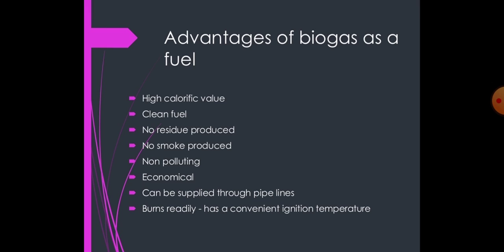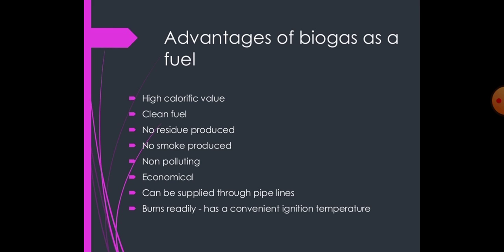Now, advantages. So first advantage is high calorific value. The calorific value of this biogas is high compared to that of fixed drum type. Second is clean fuel. There is no wastage, and no smoke or toxic gas is produced here.